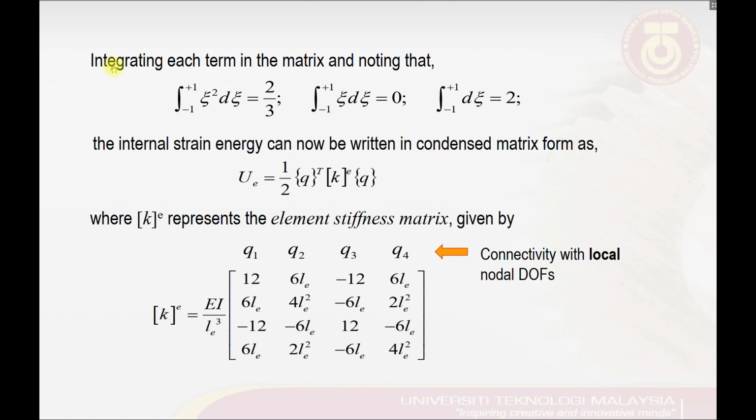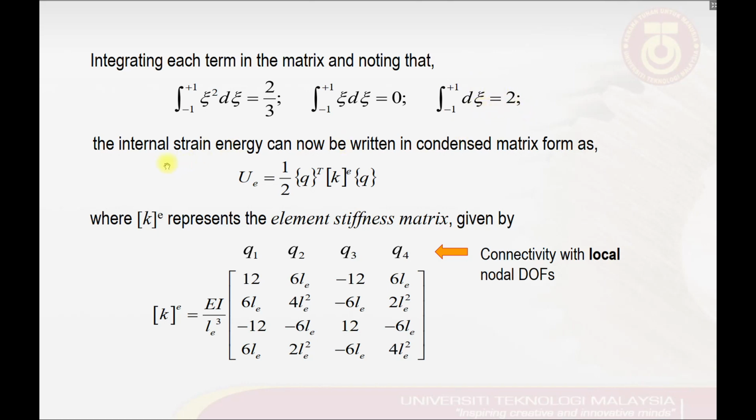So integrating each term in the matrix, if we integrate from the left to the right of our element the term z squared dz, then we get this value. If we integrate this term here from the left to the right of our element, then we get 0. And if we integrate dz itself from -1 to 1, then we get 2.